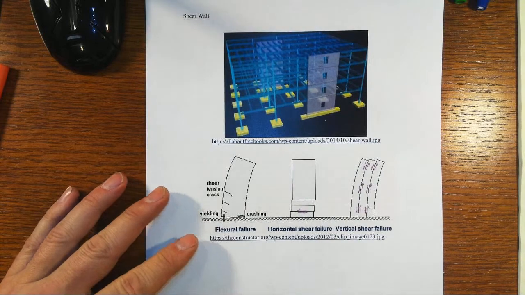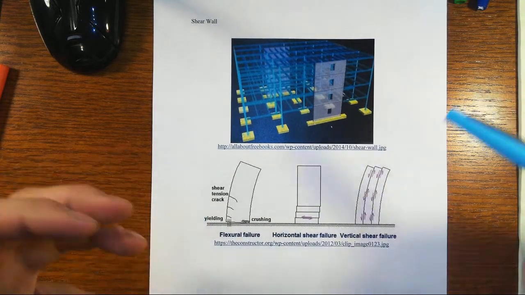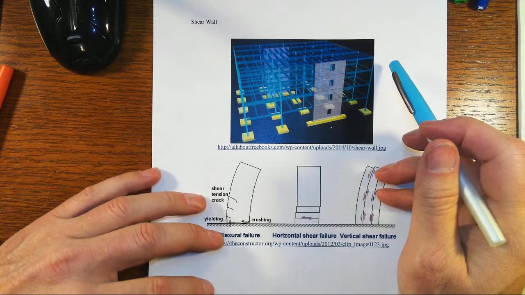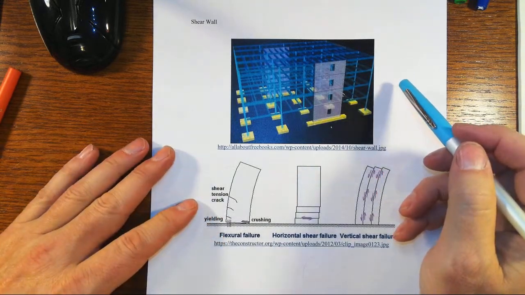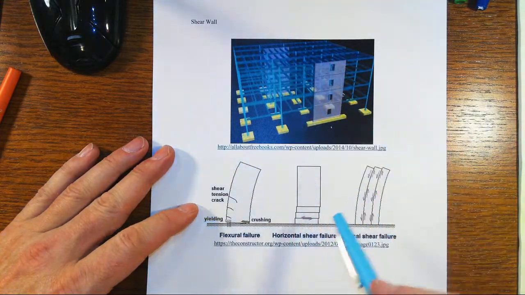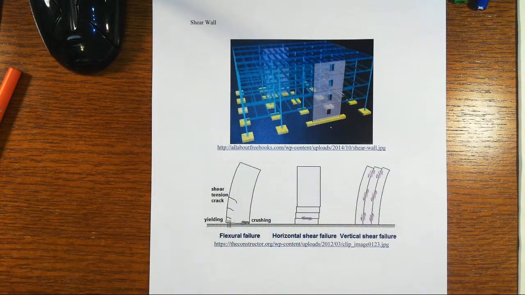And then that third system that rounds out our classification of lateral force resisting system types is the shear wall system. Here you're going to use a solid wall to resist those lateral applied forces.